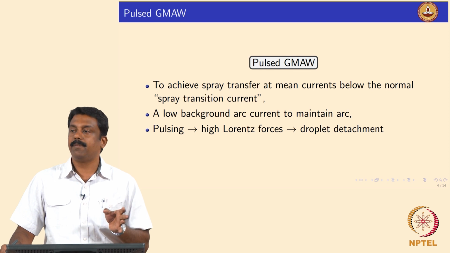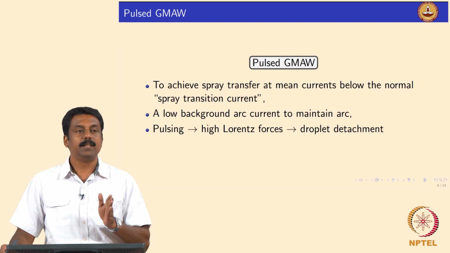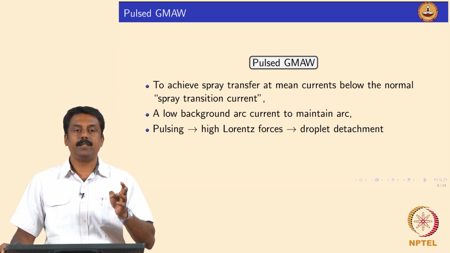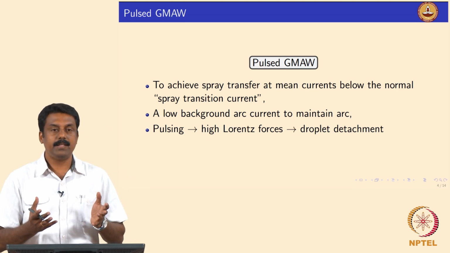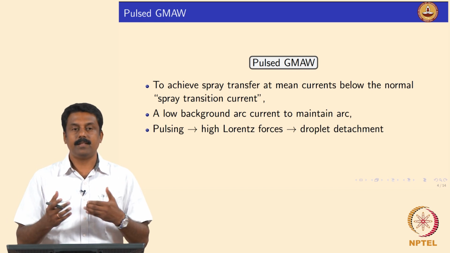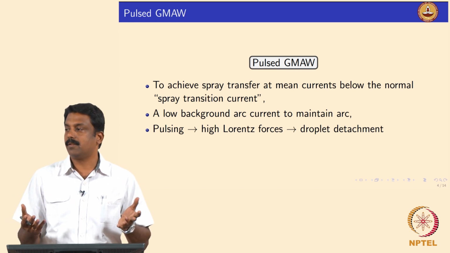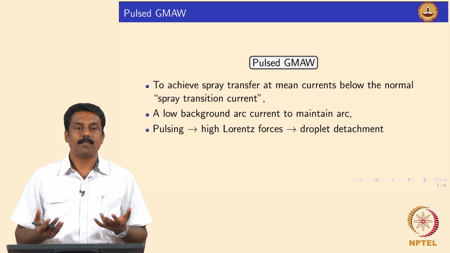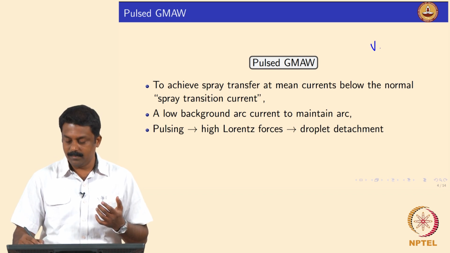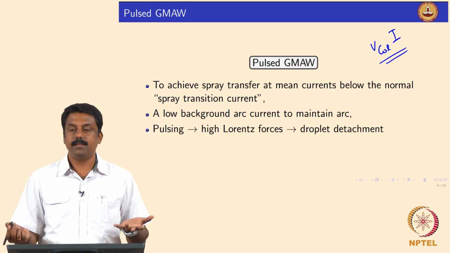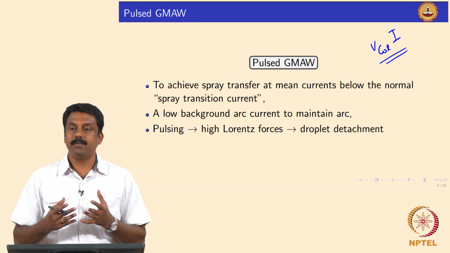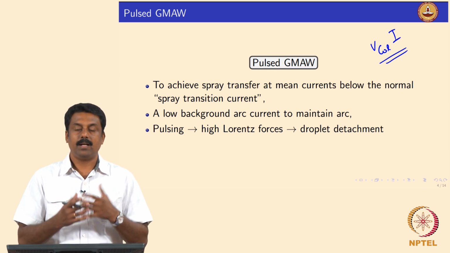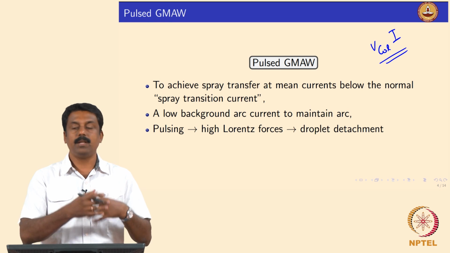Because of the increased pulsing current, we definitely detach the droplet, because when I increases the arc energy also increases, because if you look at the V column, obviously if I increases, the arc energy also increases significantly. So, the amount of heat transferred from the arc to the electrode tip also increases significantly.